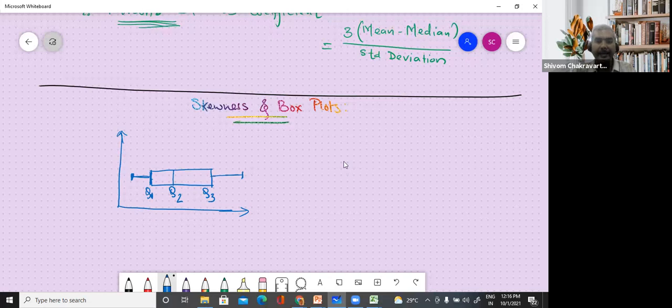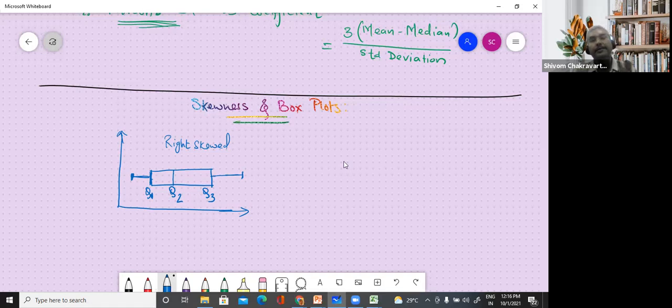So if the data is right skewed, the box plot will look like this. The right portion of the box will be larger, or the right whisker will be larger. The way I have drawn, both are there, but if any of these is there, it is right skewed data.